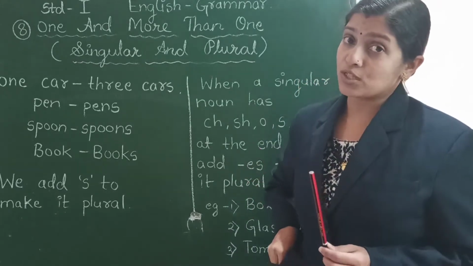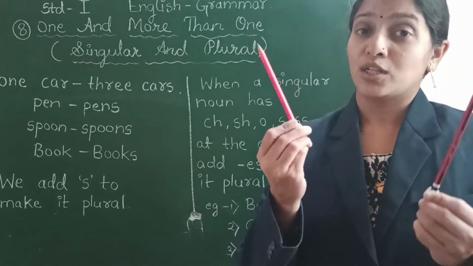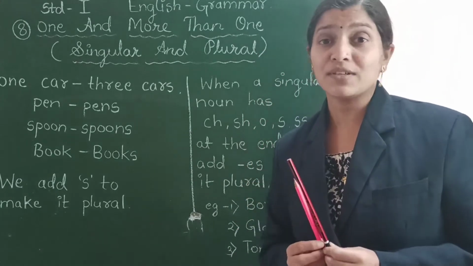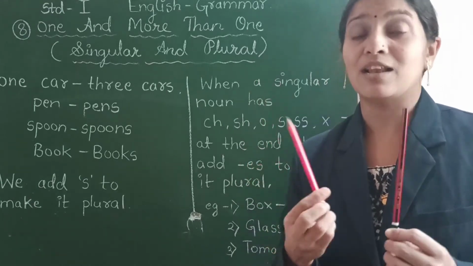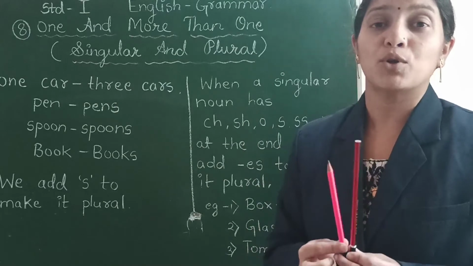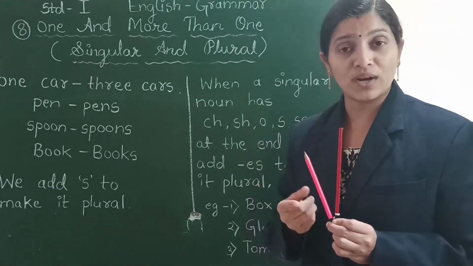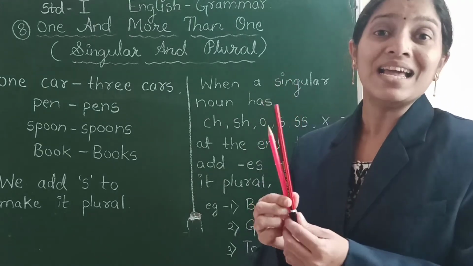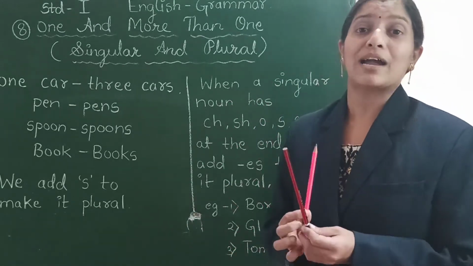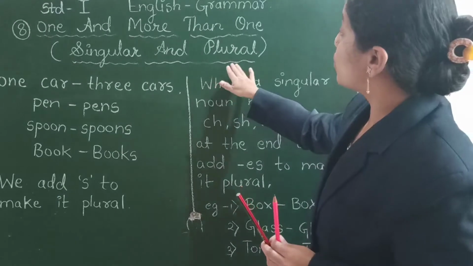But suppose I am having these two, then what will I call them? I will never say this is my pencil. I will call them pencils because they are more than one. The number of the pencil has increased to more than one, when I will call it in the plural form.